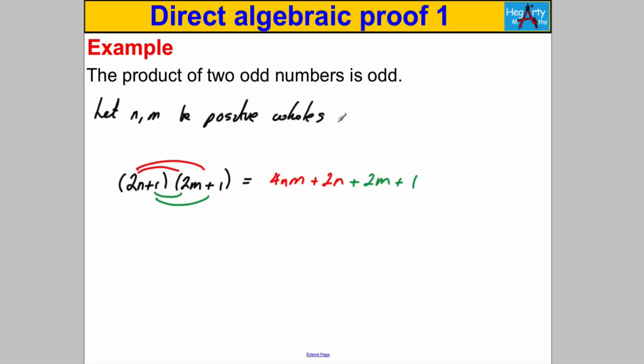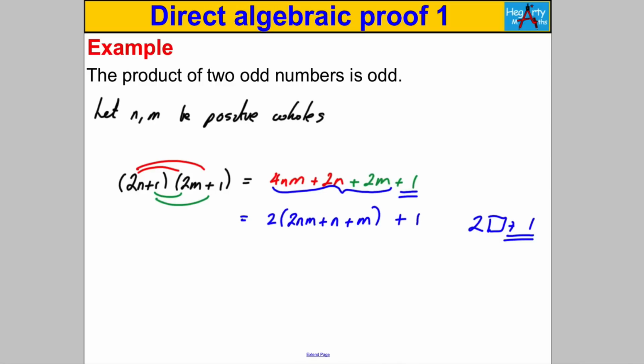Now, for this to be an odd number, we want it of the form 2 times some positive whole number add 1. So what we can do is we can take a factor of 2 out of here, because we've got the plus 1. Look, we've got the plus 1 we want, so take a factor of 2 out, and you get 2nm plus n plus m plus 1.